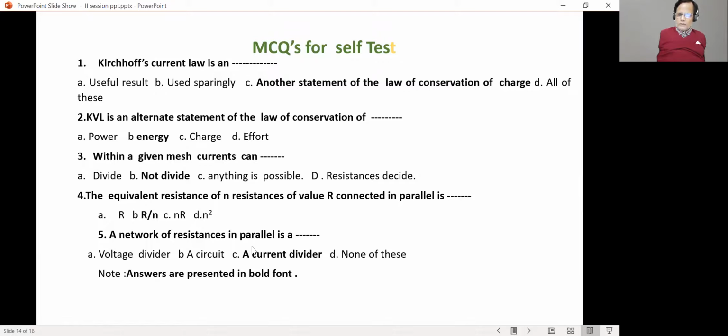We can also add another question here about the voltage divider. If you consider a combination of resistors in series, it will become a voltage divider circuit because a single battery voltage applied across a series combination of resistors provides us with as many different voltage drops as there are resistors connected in that particular combination.